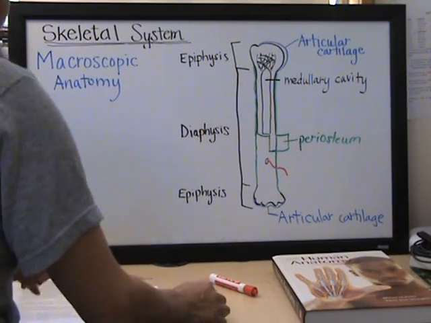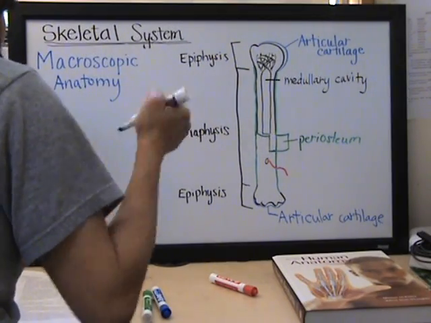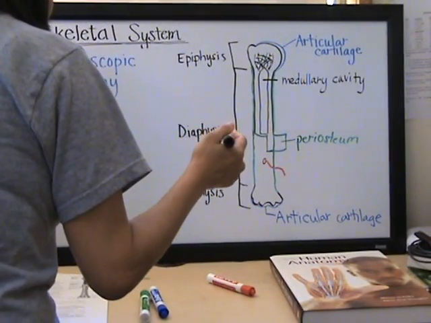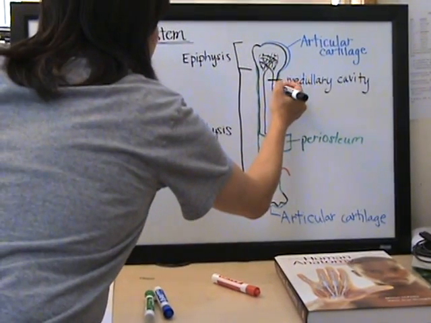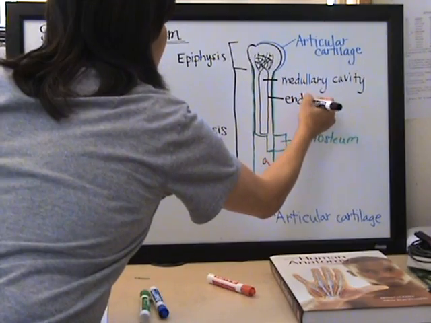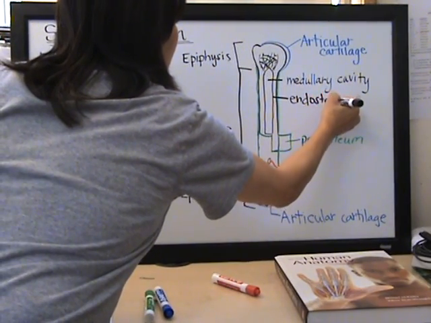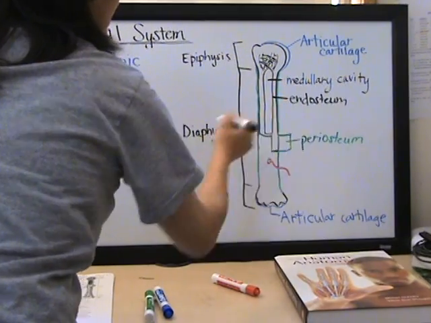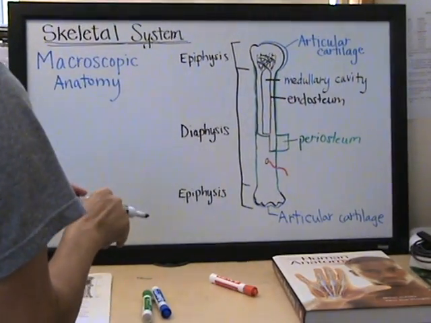We have the inner lining of the marrow cavity in long bones called the endosteum. So lining here, we have the periosteum on the outside and the endosteum lining the inner part of that bone.